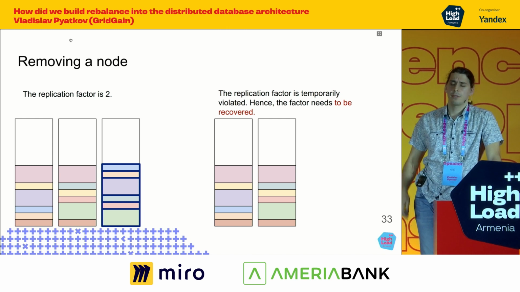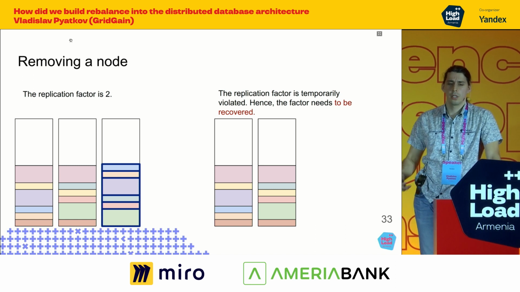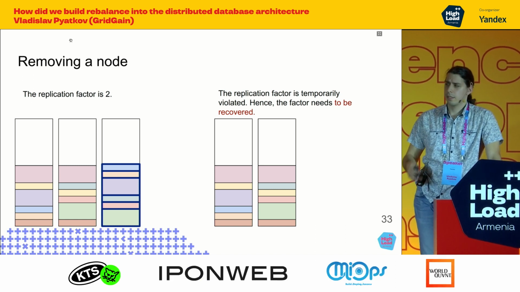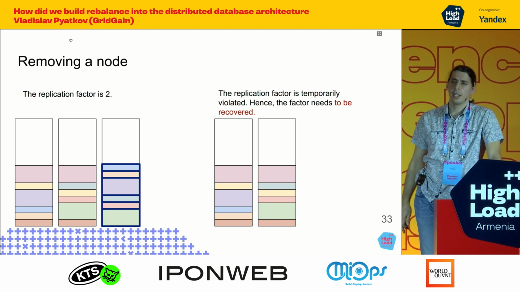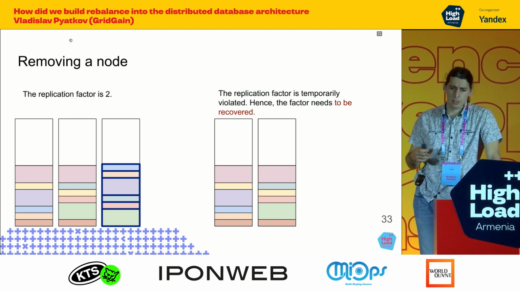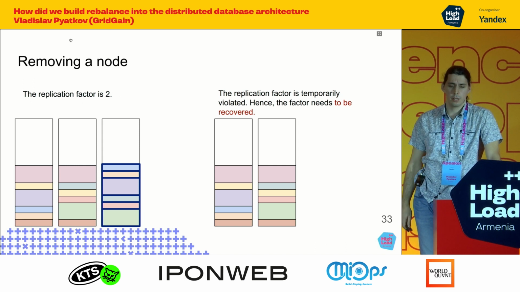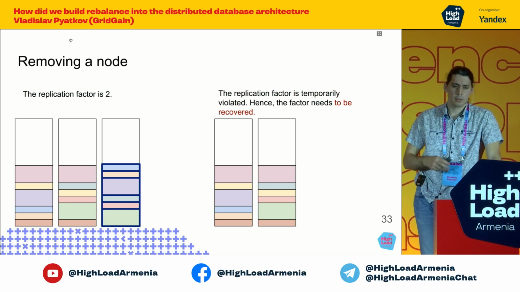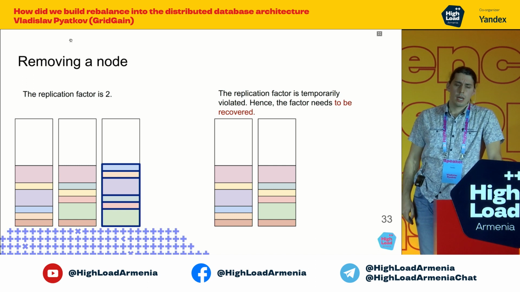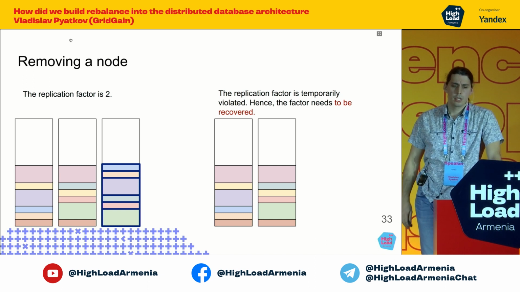In this case, just after the node is removed from the topology, we have all distribution across the two remaining nodes. But there is a violation of the replication factor, because not all partitions have two replicas. We can find that a partition which was on the node that disappeared has no copies.